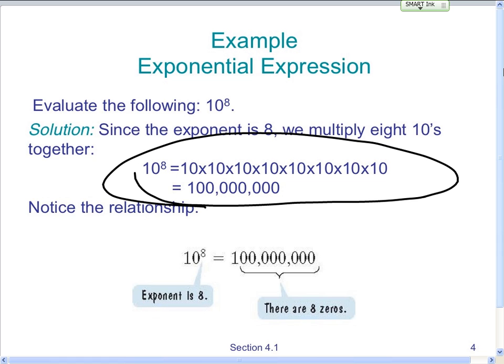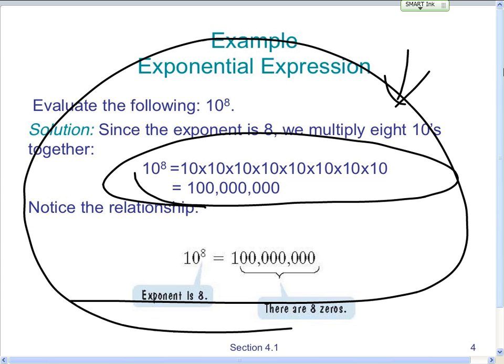So this is a more formal typed up solution to the examples that I do. You don't have to look at these, but you can. I go through that slide fairly quickly, but you can pause and take a look at it.